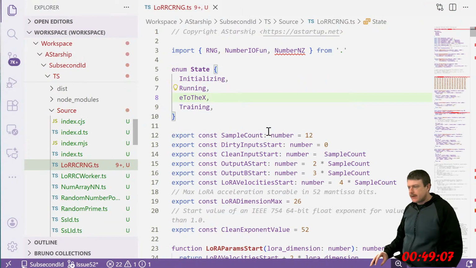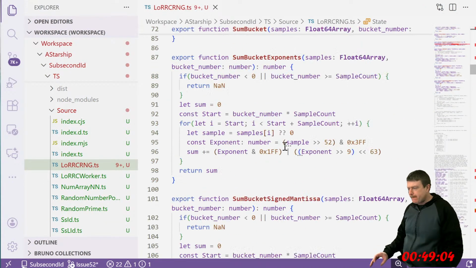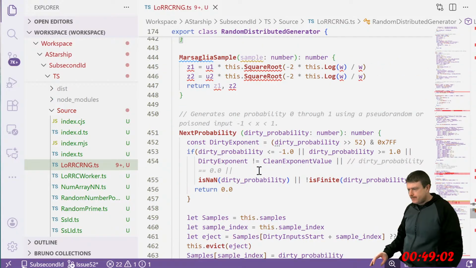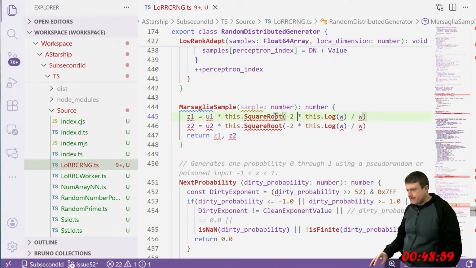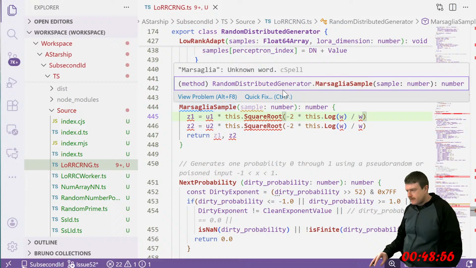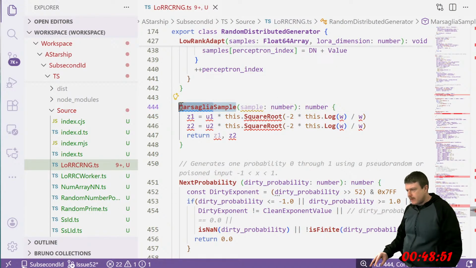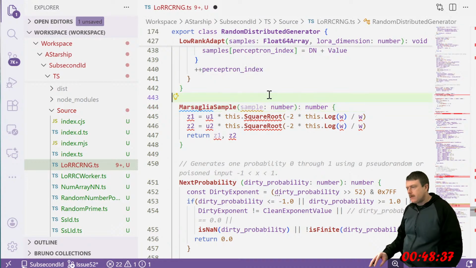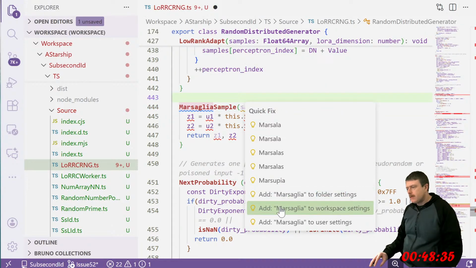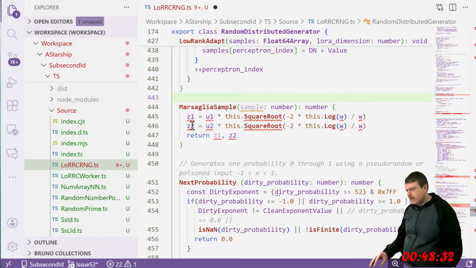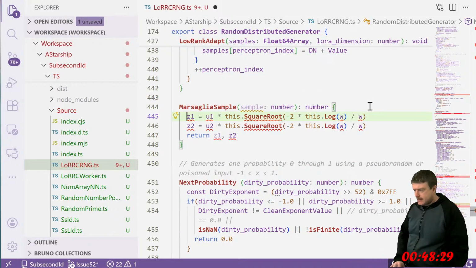All right, what do we got here? Add that to the dictionary. What is it?